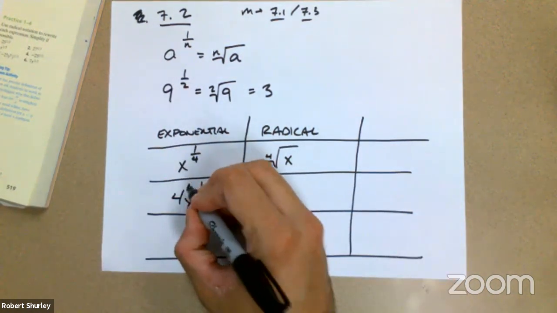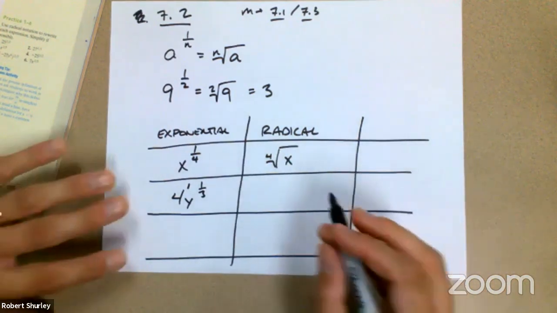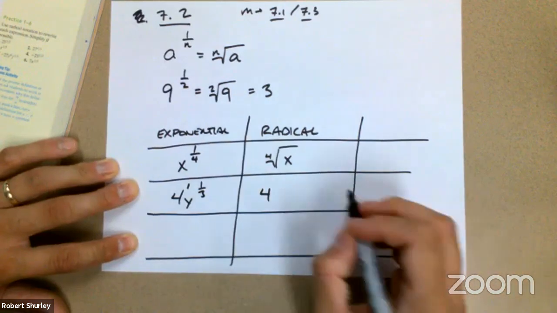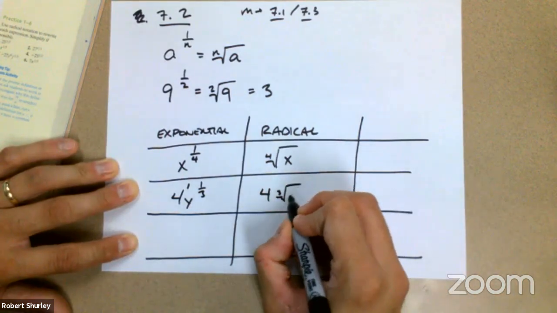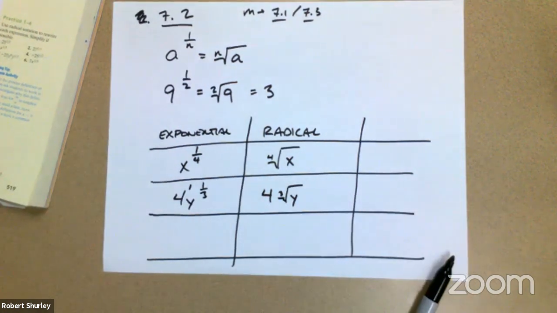The 4 is not raised to the 1/3 power. If we write this in radical form, the 4 stays outside, and then the cube root of y follows the 4. The only thing underneath the radical for this one is y.